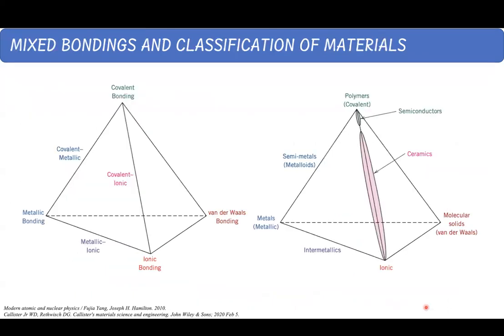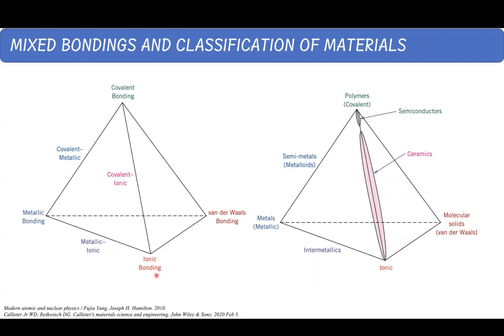And let's talk briefly about mixed bonding and the classification of materials. In the first figure, at the corners of this triangle you will see ionic bonding, metallic bonding, covalent bonding, and van der Waals bonding. The connection between covalent and ionic is covalent-ionic mixed bonding, covalent and metallic is metallic-covalent mixed bonding, and this one is metallic-ionic bonding.